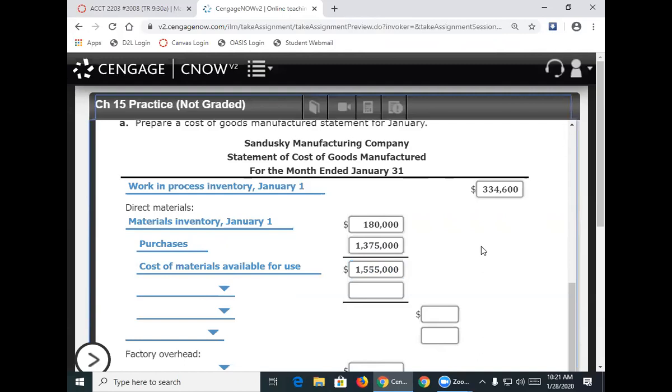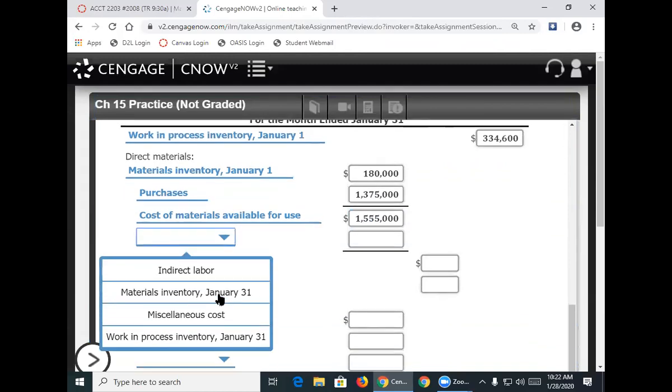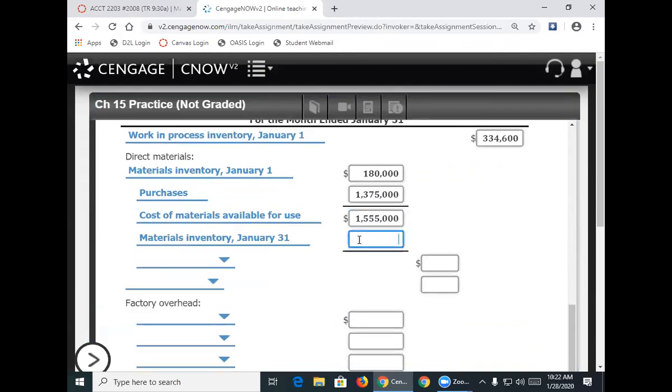Then the last step was we subtracted out the ending balance. So materials inventory, January 31st, I subtract out 145,500.